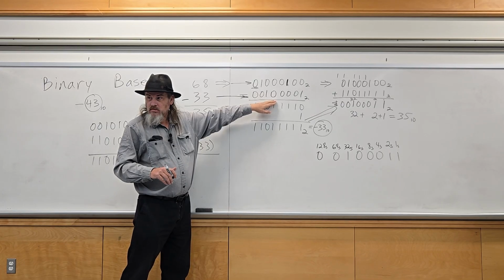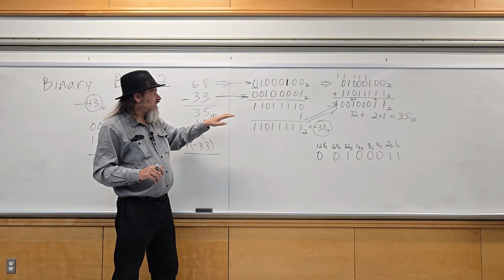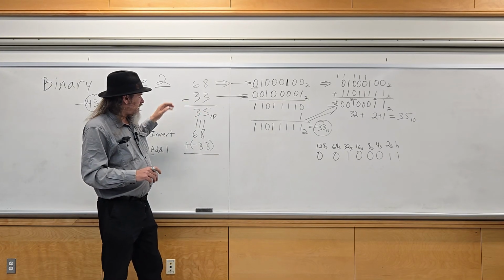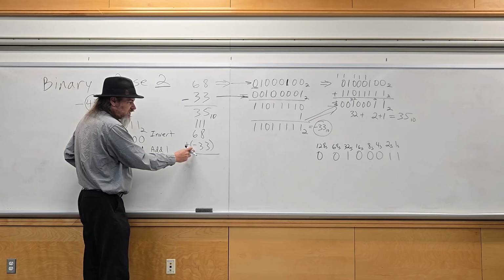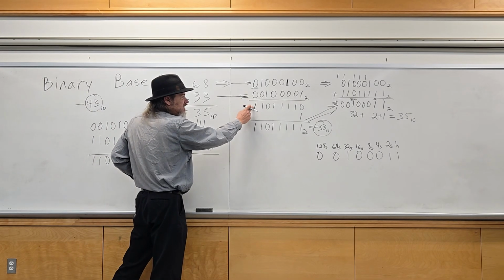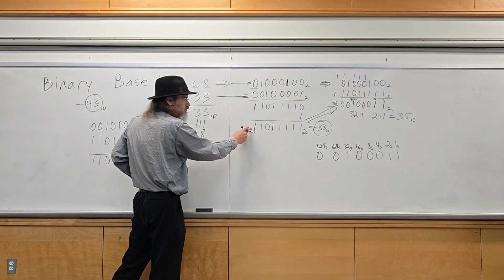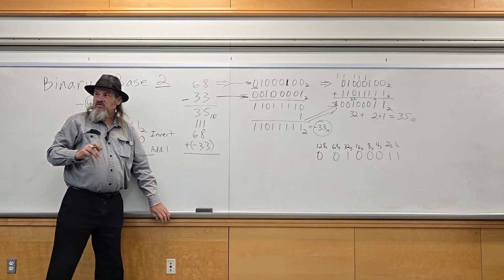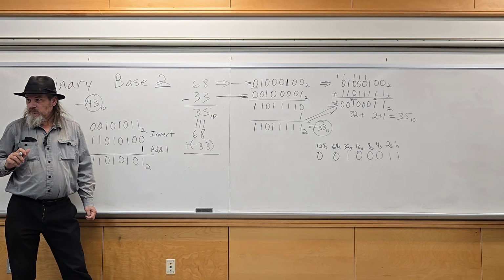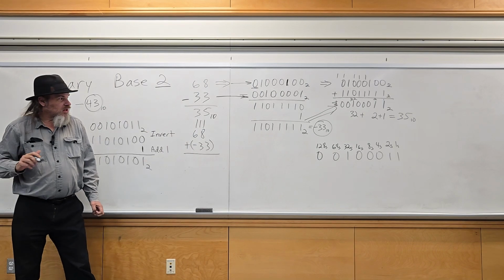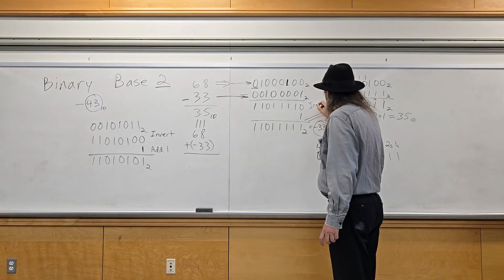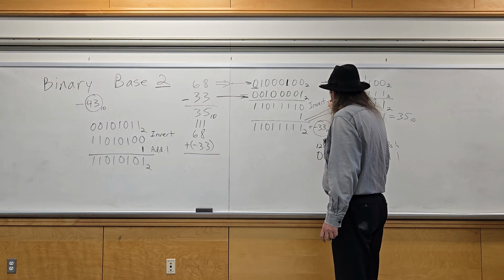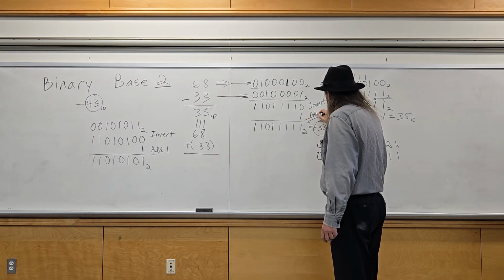Then to convert it into this form, I make the 33 a negative number in binary using the 2's complement system, where you invert and add 1.